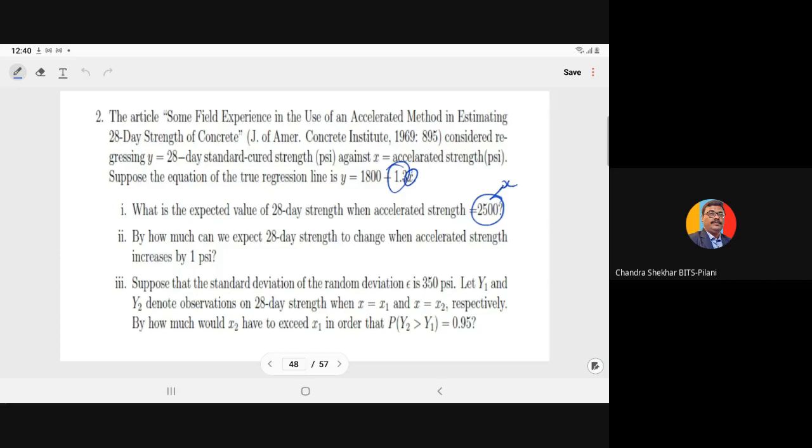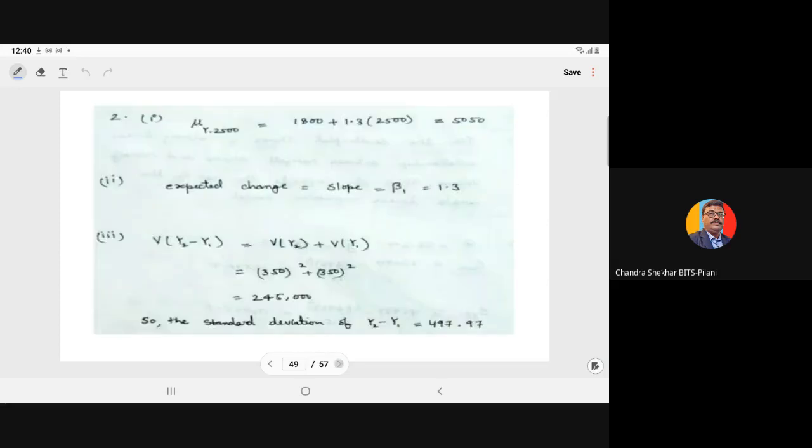By how much would x2 have to exceed x1 in order for the probability of y2 greater than y1 to equal 0.95? This means y2 should exceed y1, and its chance is 0.95.